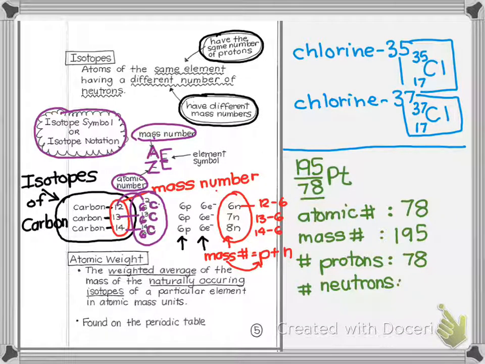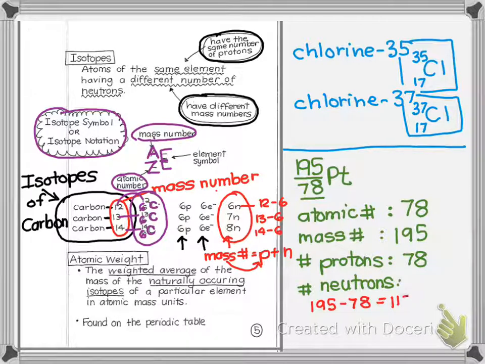So if you take the mass number, which is 195, and you subtract out the atomic number, or the proton, sorry, which is 78, then 195 minus 78, and I'm cheating and looking on my calculator, is 117.